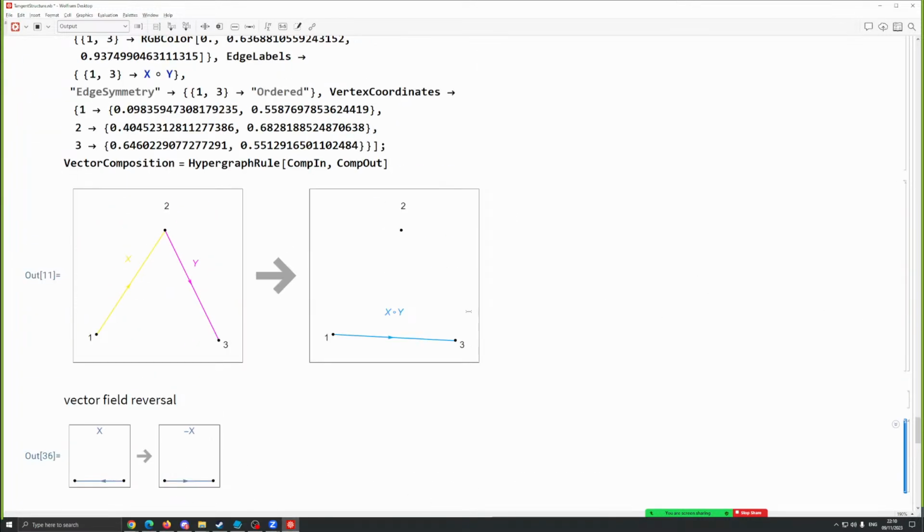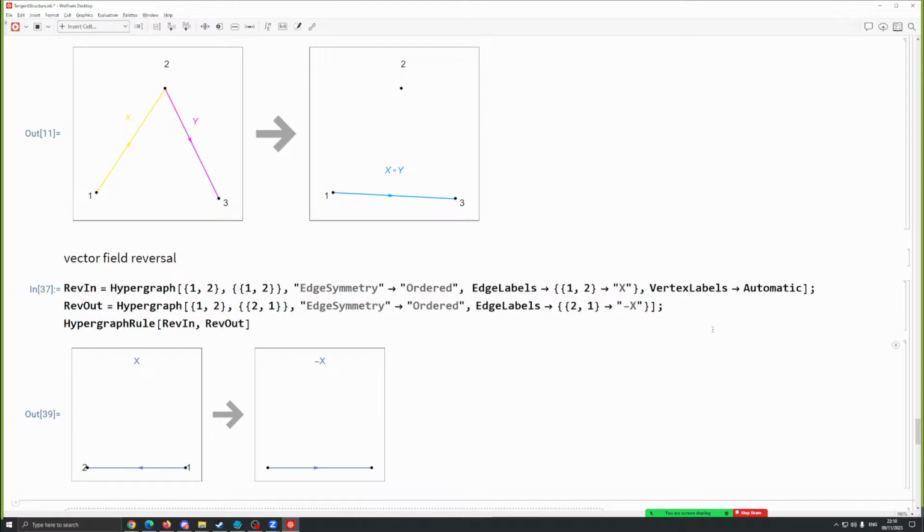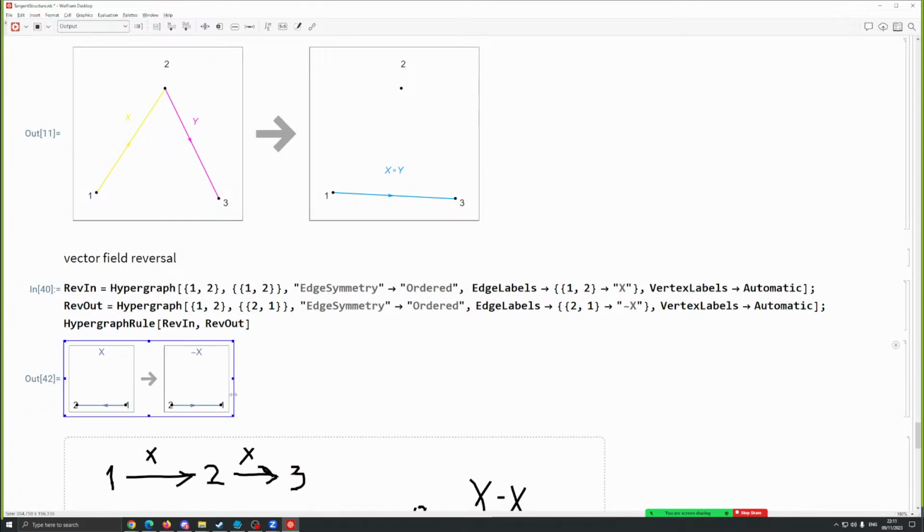And okay, just for symmetry, if I say vertex labels automatic, yep, that's what I wanted. It's a bit too close.